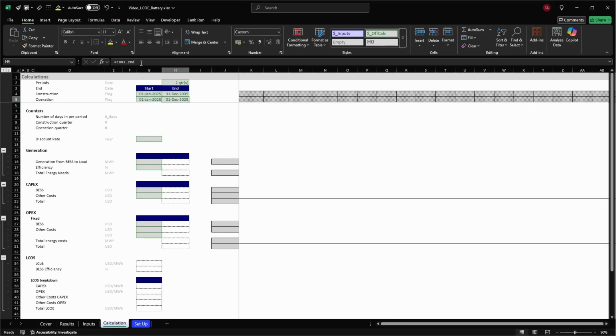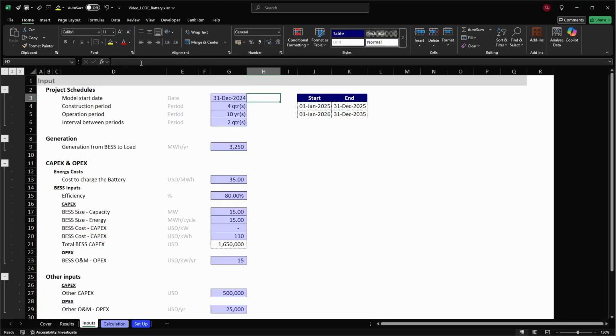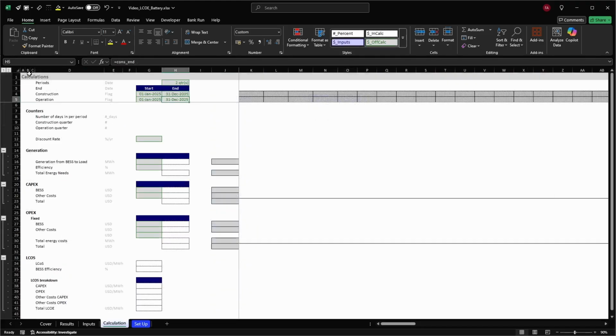Okay, and again, because I just got this from the model that I'm going to make available for you guys, I named all these cells over here. You can see construction start date, construction end, operations start, and operations end. So that's something that you always should do on your end. Name cells and ranges just to make your model more robust.